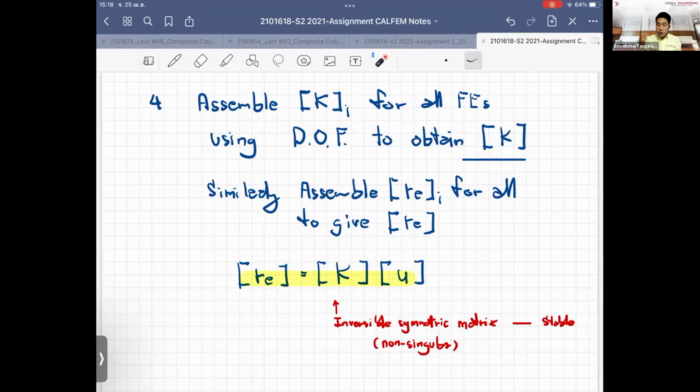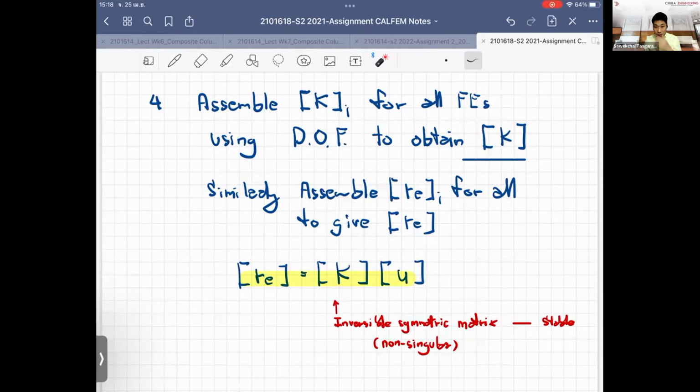And there are a lot of issues that we can check for the K matrix, especially if you are looking at the nonlinear behavior of the structure, which we don't cover in this course. We can check the properties of the matrix, for example, whether the matrix is definite or indefinite, but I don't want to go into the details.